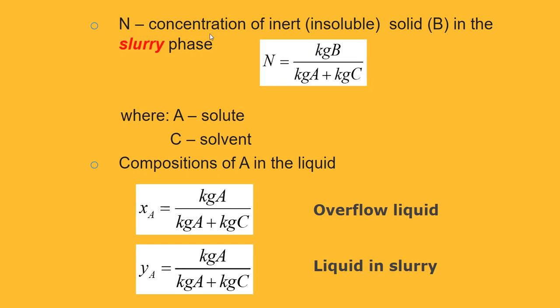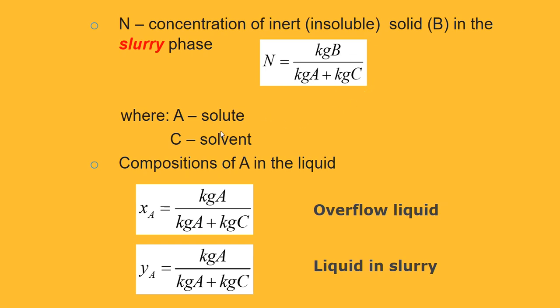That is the concentration of the inert insoluble solid B. It's because the denominator changes. The kilogram of A plus kilogram of C in the denominator changes in value as we go from one equipment to another in our leaching system. So that is why the concentration of the inert insoluble solid B changes, because the A and the C change.